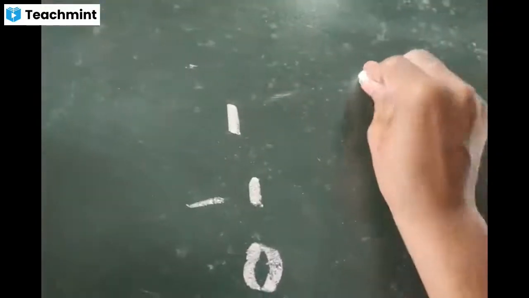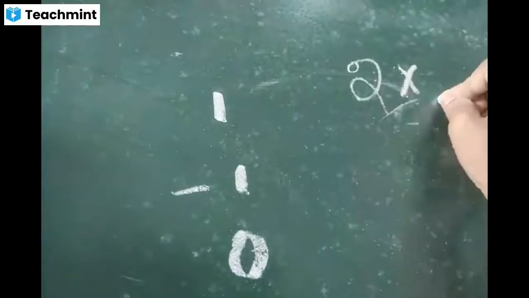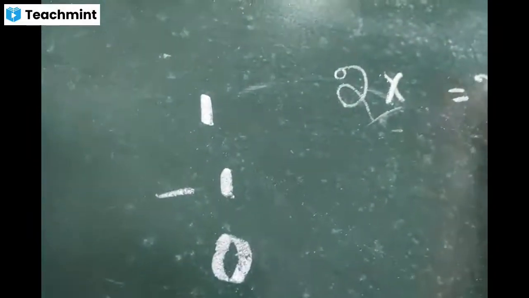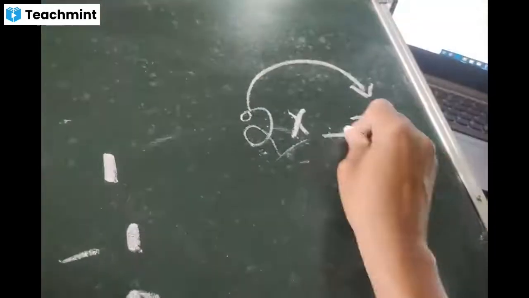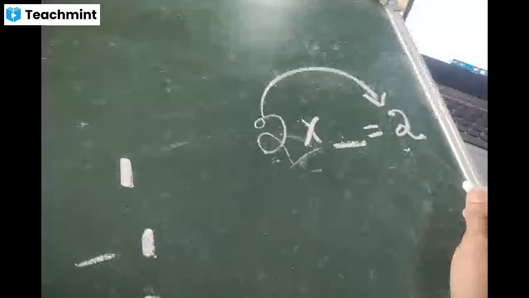Suppose I take a number 2, I multiply it by some number, but I must get the answer 2. This is the identity. So which is the possibility here? Students, anyone? Please give me the answer.